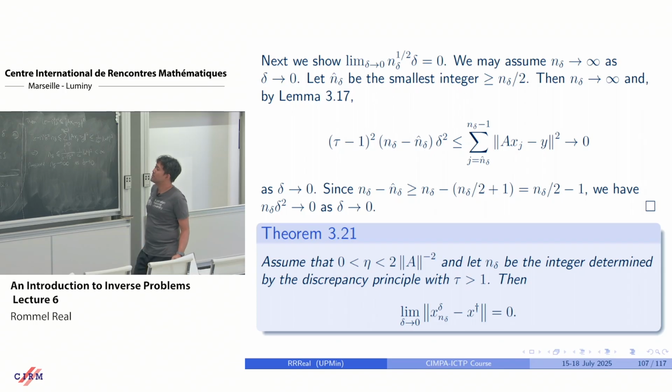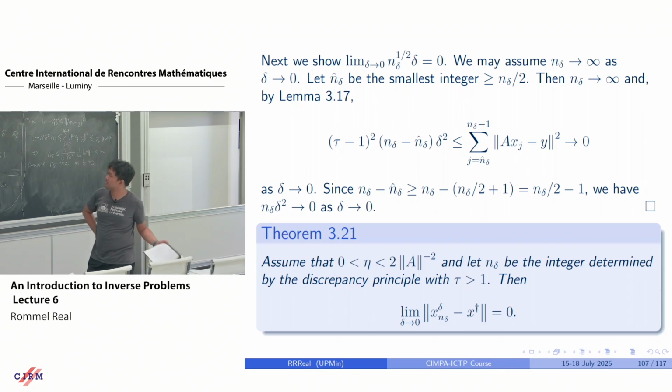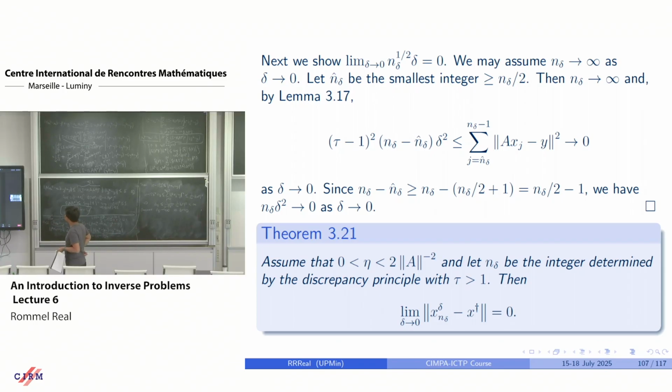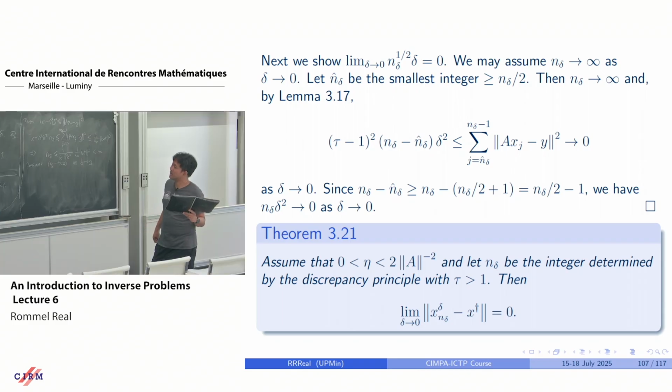So what we'll do there is this. First, we let n hat delta be the smallest integer greater than or equal to n delta over 2, which is a well-defined choice of n hat delta by the assumption over there. So the existence is guaranteed. Okay?